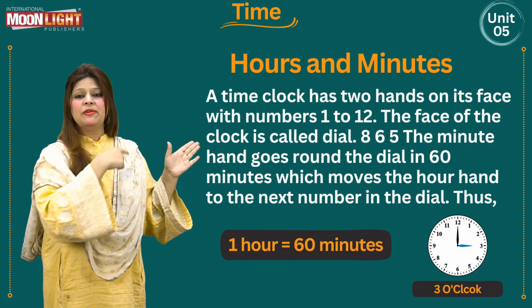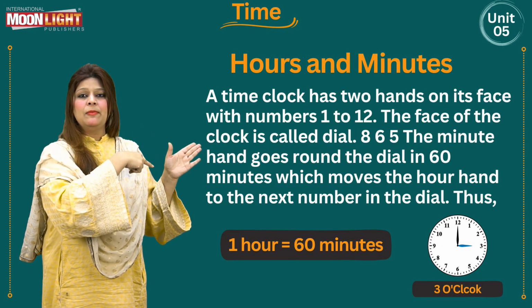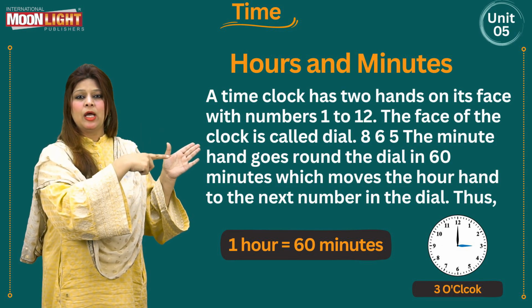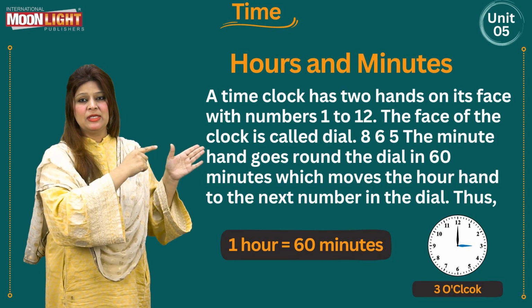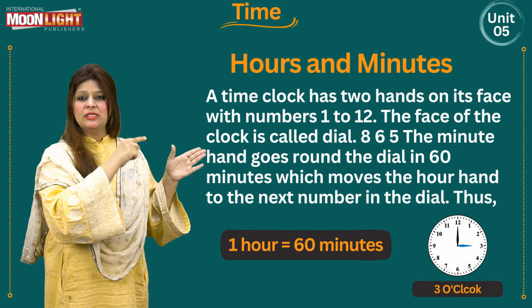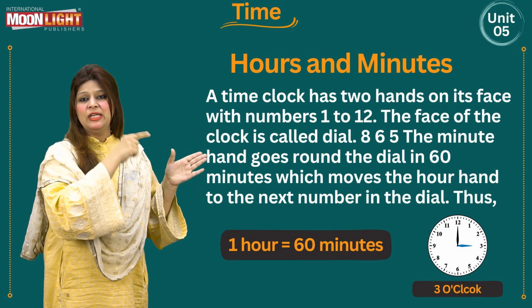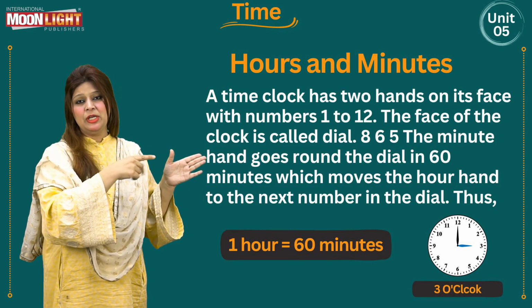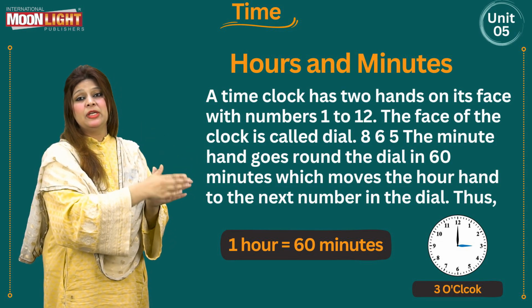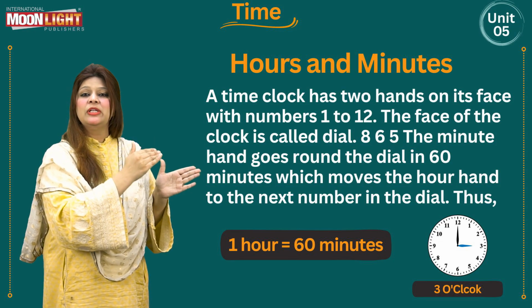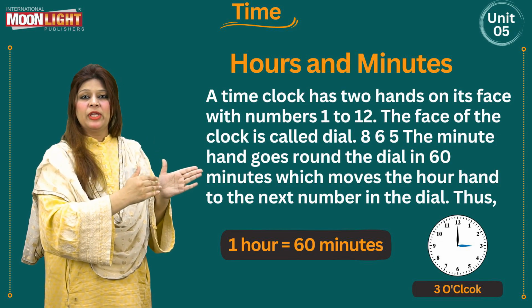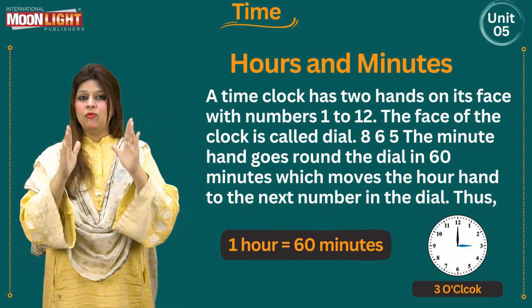For example, if the time goes round after 60 minutes, what will happen? The hand on number 3 is going to move to number 4.